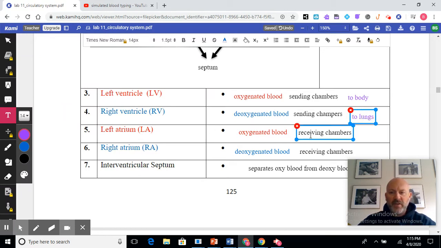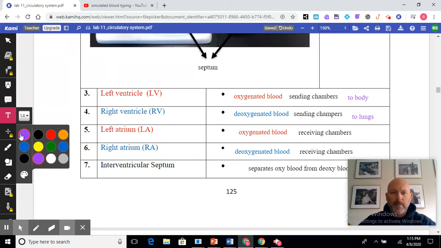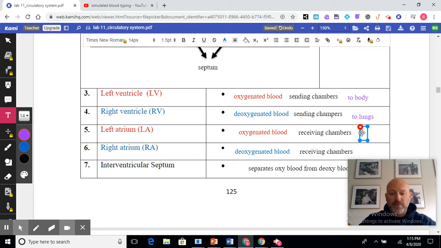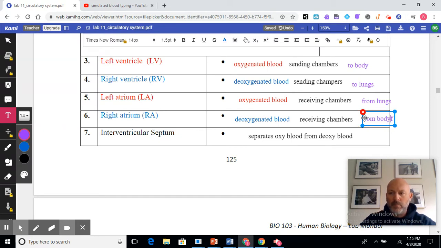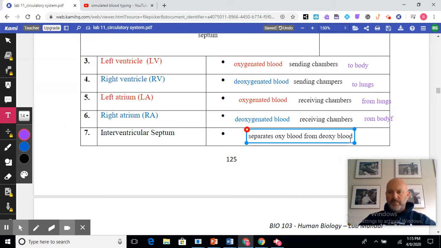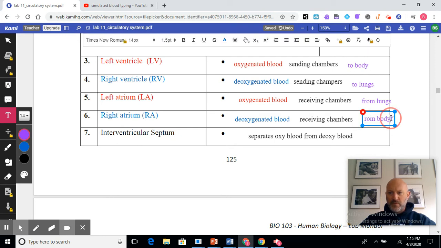Where is the left atrium receiving oxygenated blood from? The lungs. Where's the right atrium receiving deoxygenated blood from? Well, from the body. Oh, I forgot the F.